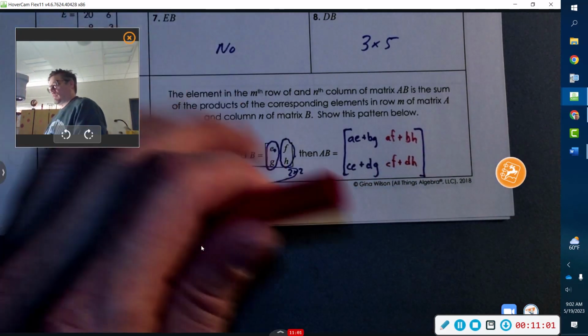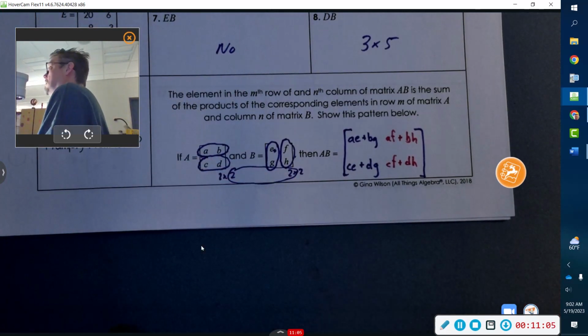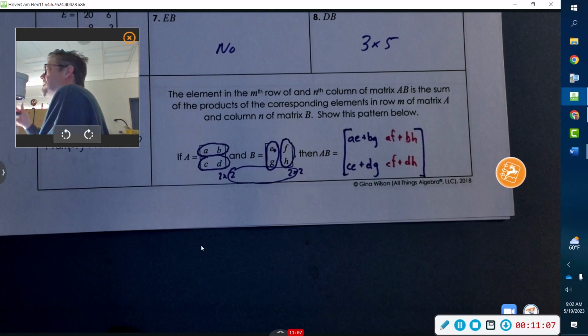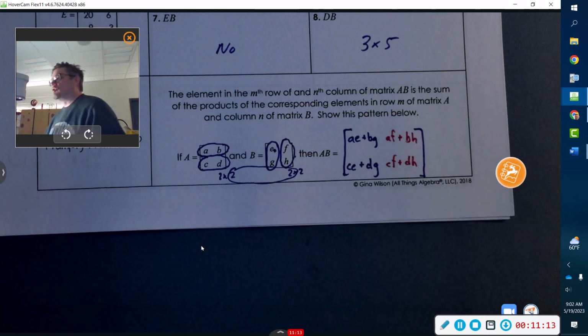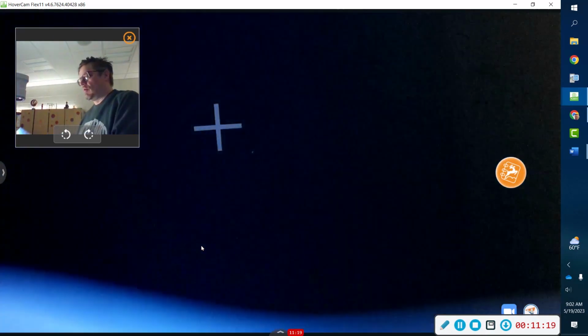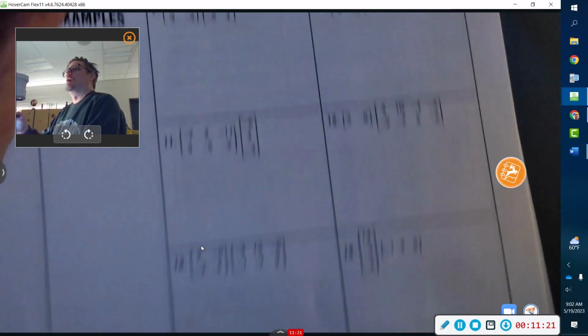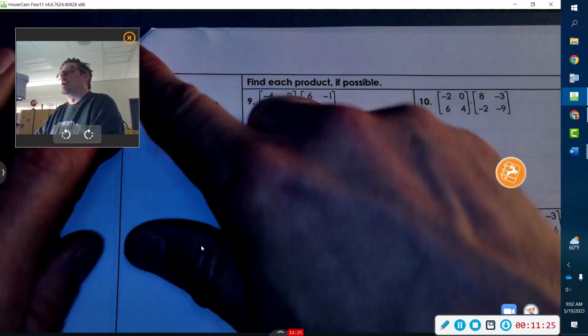Now this will make a lot more sense once we start putting numbers in. Once we get numbers in there, you'll just say, okay, that's how you do it. That's really what our goal today is, just getting used to this weird matrix multiplication. All right, so how would this work with the actual numbers?